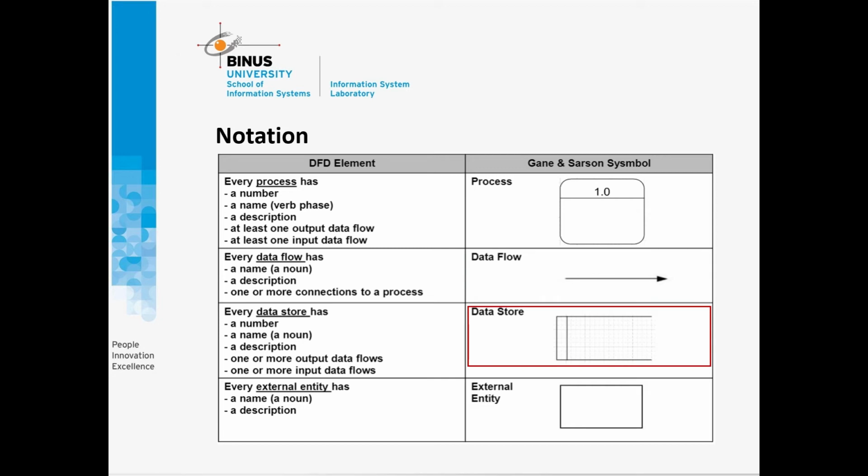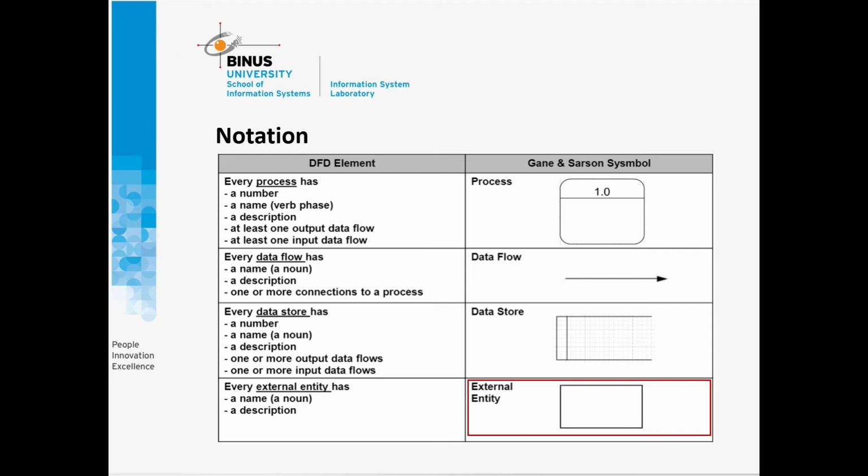Third, data store. A data store is a collection of data that is stored in some way. Every data store is named with a noun and is assigned an identification number and a description. All data stores must have at least one input data flow. An entity in the entity relationship diagram can become a data store in the data flow diagram. The last is external entity.